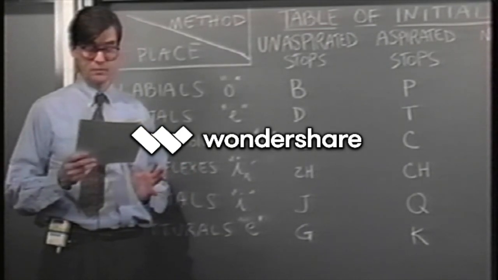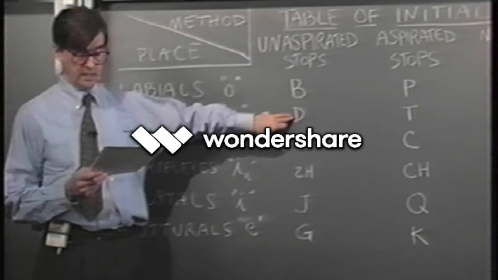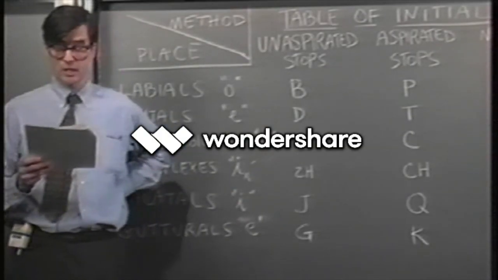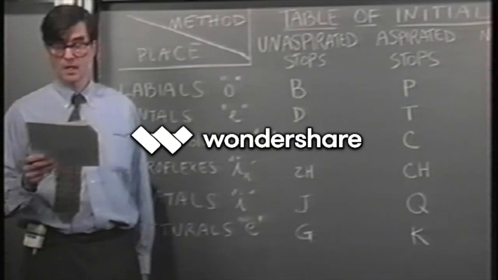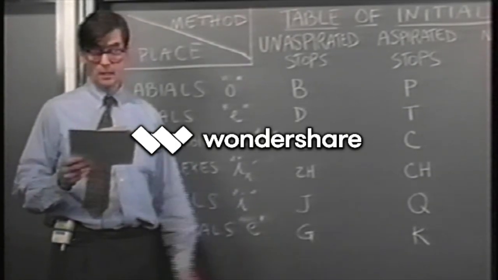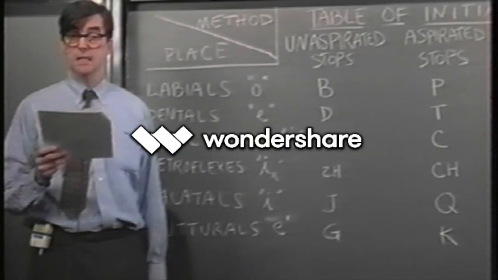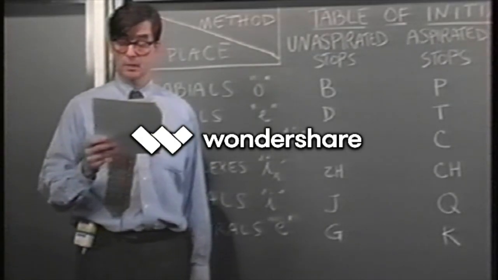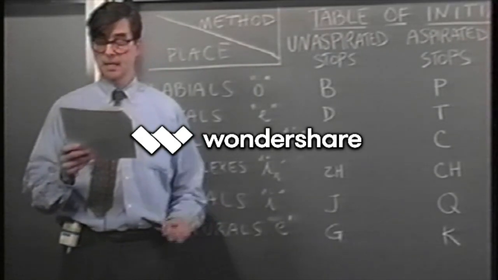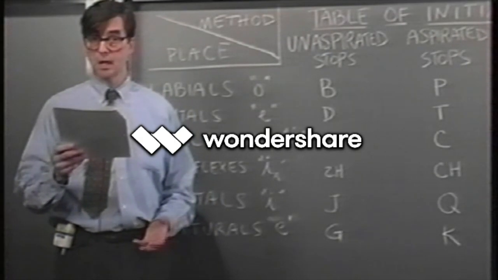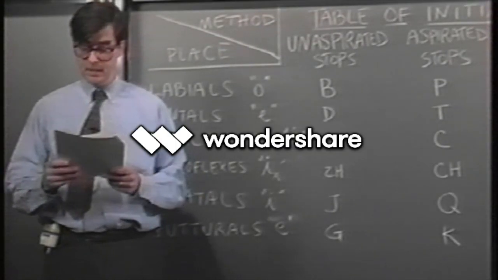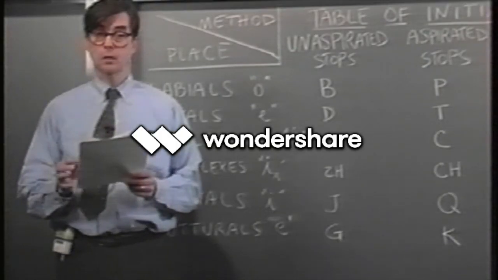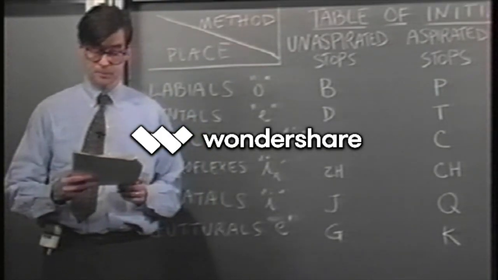You may also observe the same quality in the dental initials in English, beginning with the letter D, such as Denver, dusty, dog, danger. And likewise in the palatal of the English word J-E-E-P, Jeep. The J is voiced. And in the guttural words, goat, gun, give, and get, that is the guttural initials which begin those words, you'll also notice voicing in English.